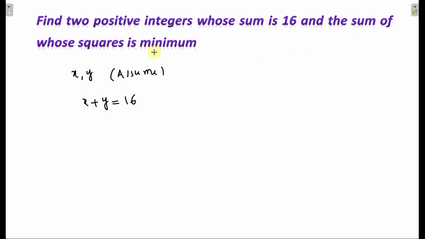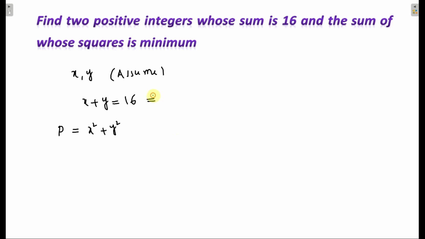The sum of whose squares is minimum means one function, this is P, whose squares means x square plus y square. This should be minimum. Then what is the value of x and what is the value of y here?